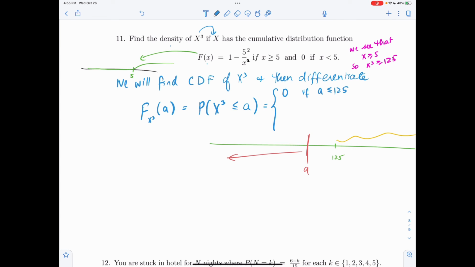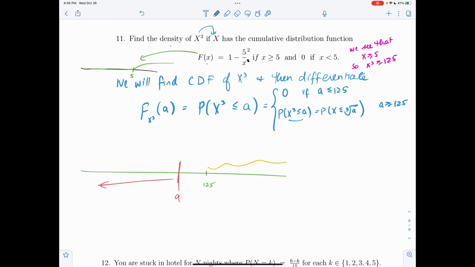Okay, now how about if it's bigger than 125? Let's just rewrite this just for fun. Now we take cube roots, and you don't have to flip anything. And you have this. Okay, so what is this? Take a look.